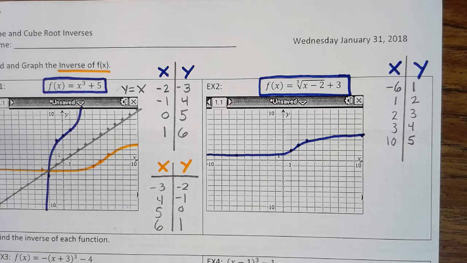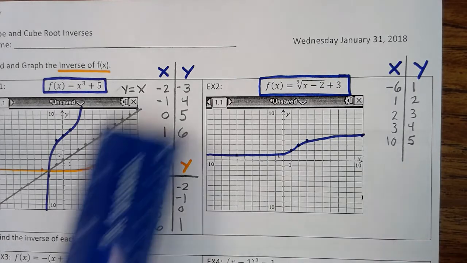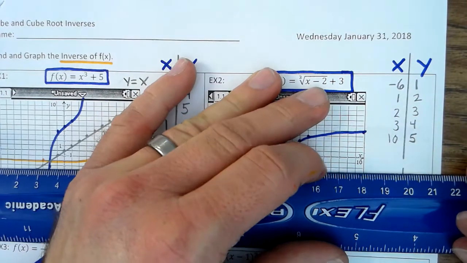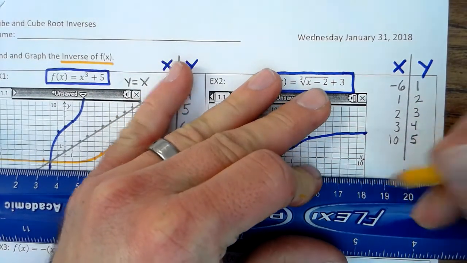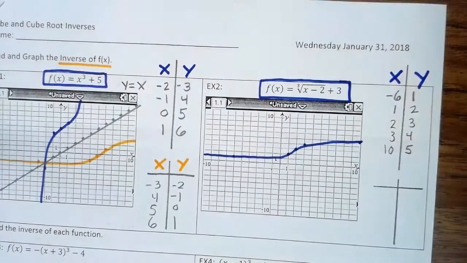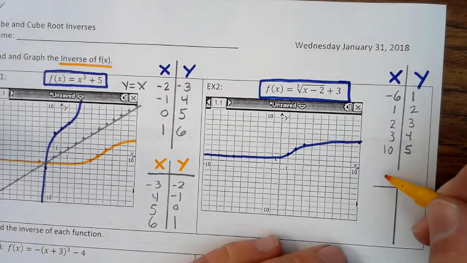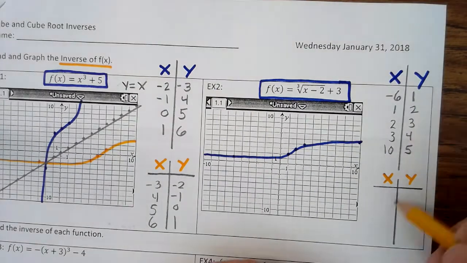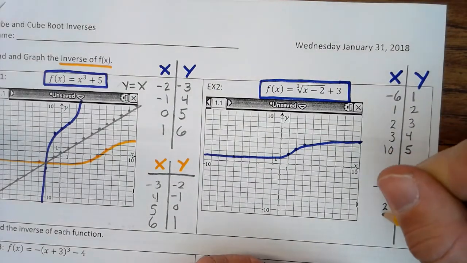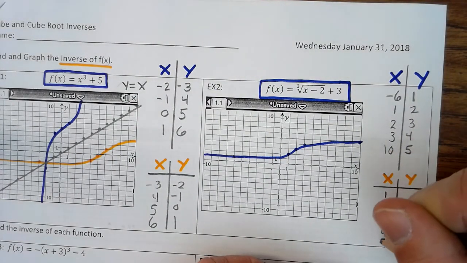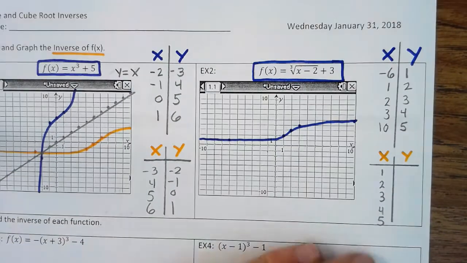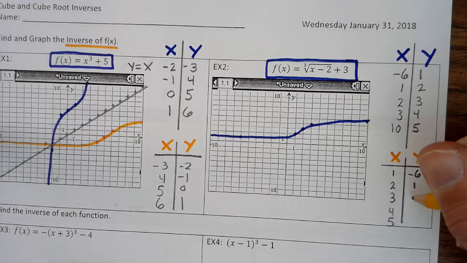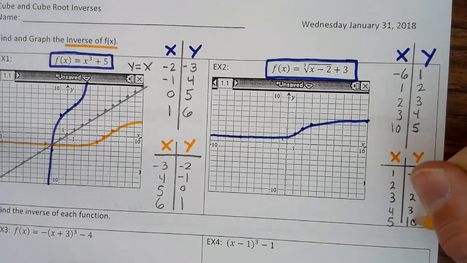All right, so then we did that with the points, so then for the inverse, all we have to do is switch. So our y's become x, so the 1, 2, 3, 4, 5. And our x's become y, so negative 6, 1, 2, 3, 10.